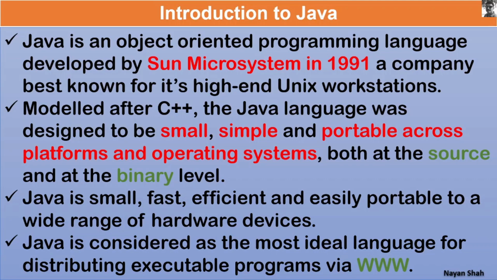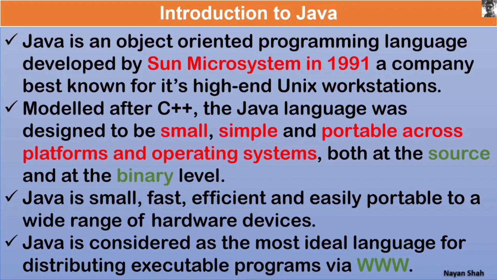Java is small, fast, efficient, and easily portable to a wide range of hardware devices. Java is considered the most ideal language for distributing executable programs via World Wide Web. Why is it considered the most ideal language for WWW?